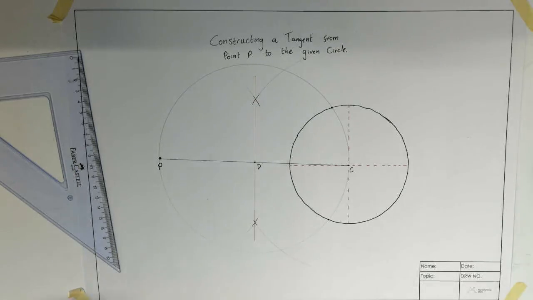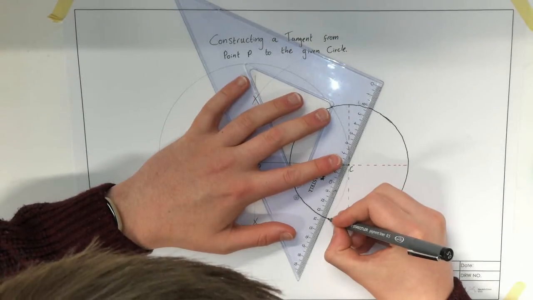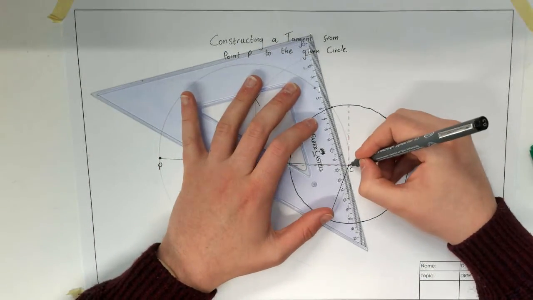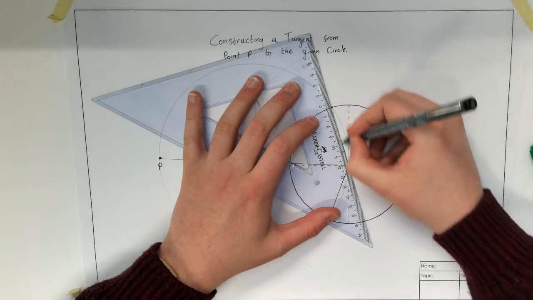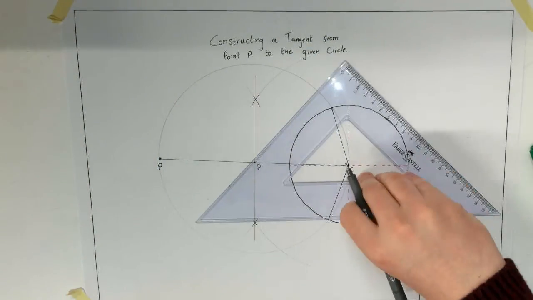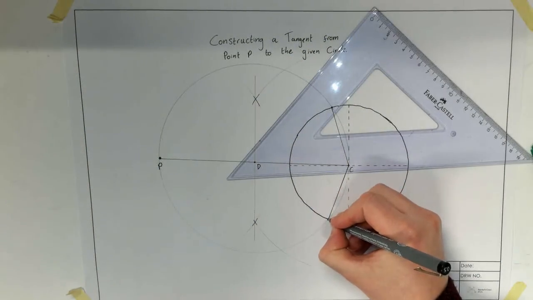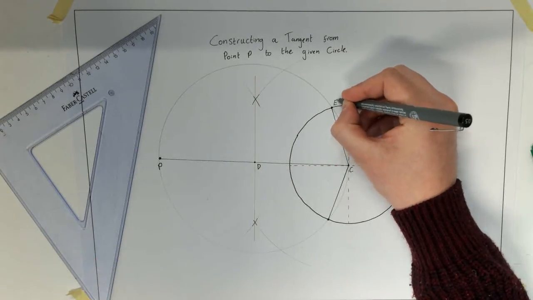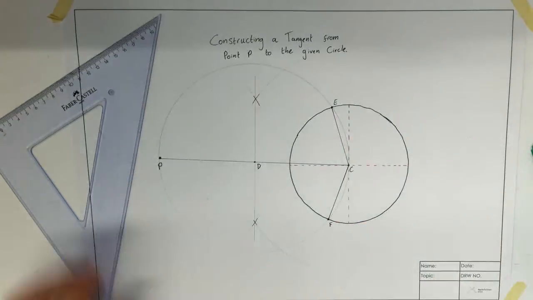What we can then do is join our point C to here and join our C to here. And then we could line our point P to our dots here. We were on D, so I'm going to go E and F just for labeling.